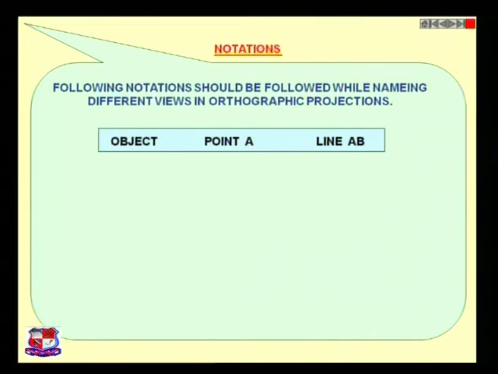Now when we see object and we are having point A and point B, notation is a very important thing. If we denote any portion wrongly, then our object can be false.